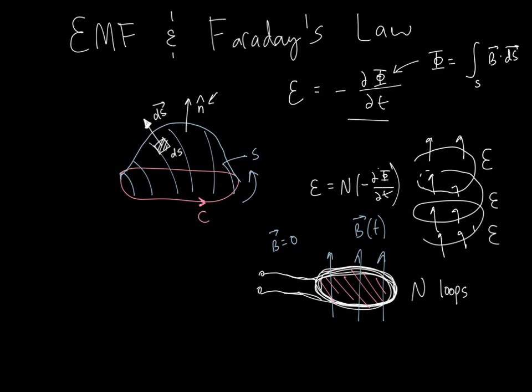Now what this EMF is going to do is push positive charges to one end of this open circuited loop system and negative charges to the other. And these guys are going to produce an electrostatic field. We'll just call this V term for the voltage across the terminals.